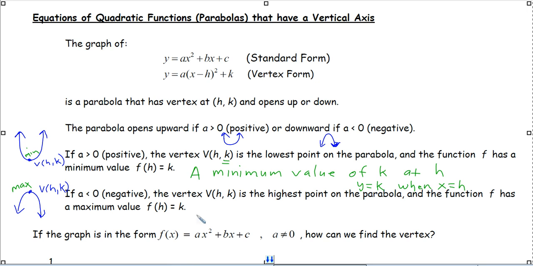So we could say that this function has a maximum value, or just a max of k, when x equals h. This is just kind of general examples. This might say a maximum profit of k dollars when we sell this many items. So it's really important to think about the context of this, and those will be more concrete examples.